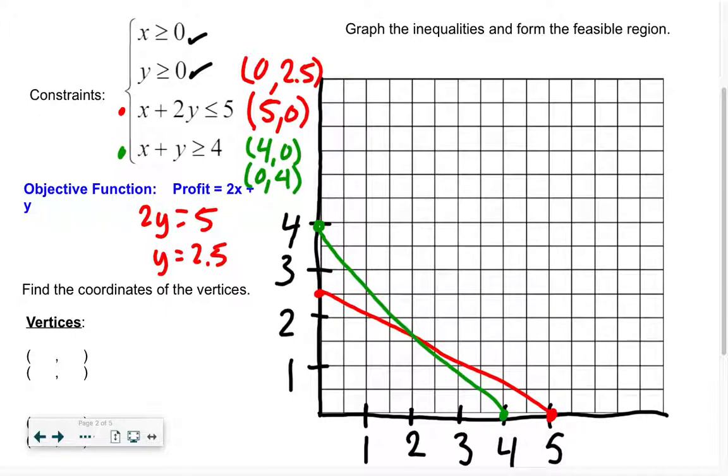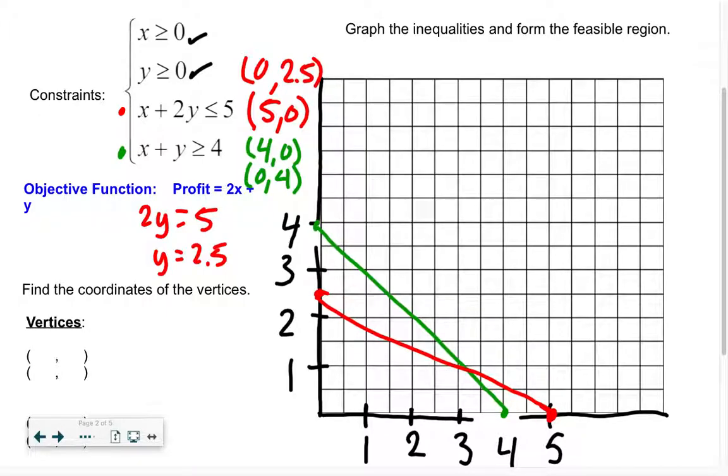I'm gonna regraph because it doesn't even look like where they should end up. Well, that's a little bit better.